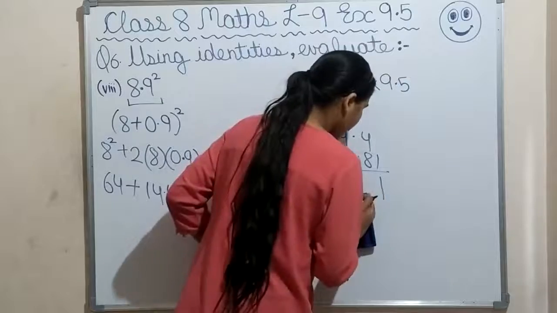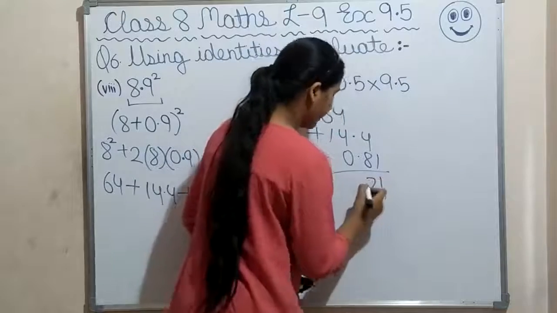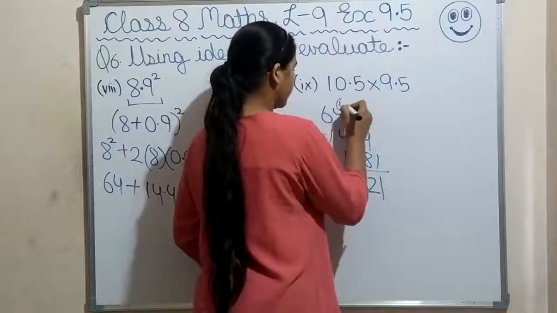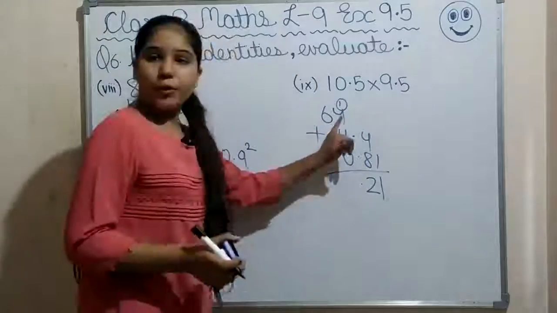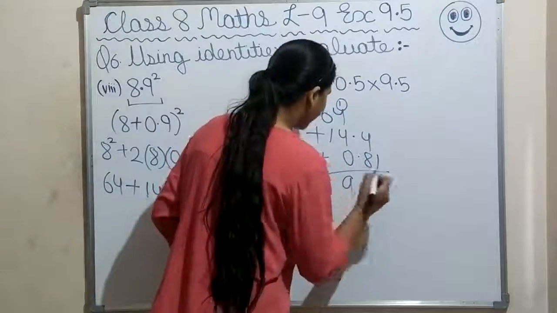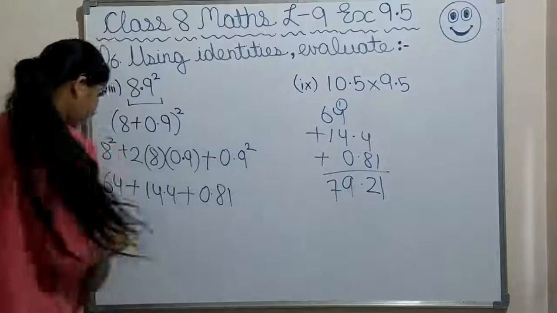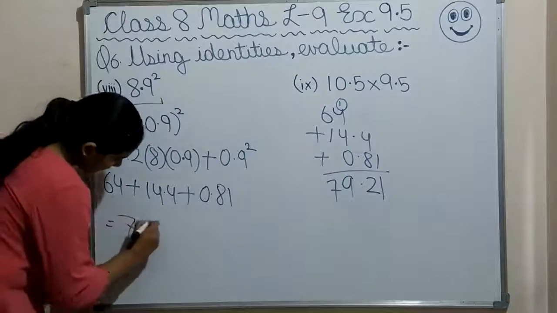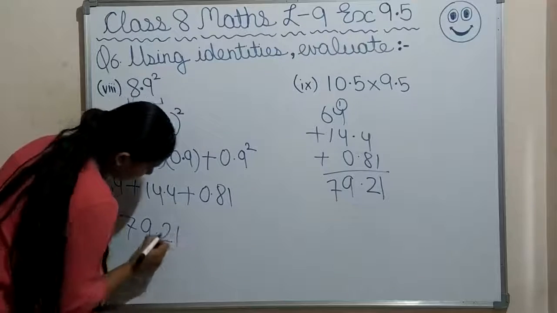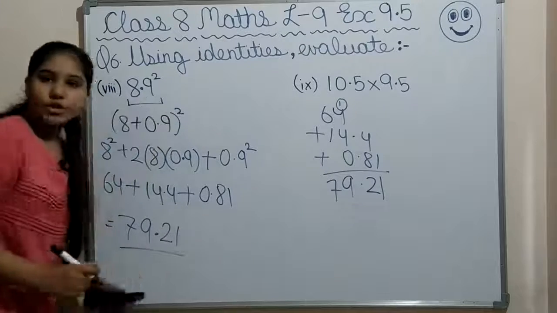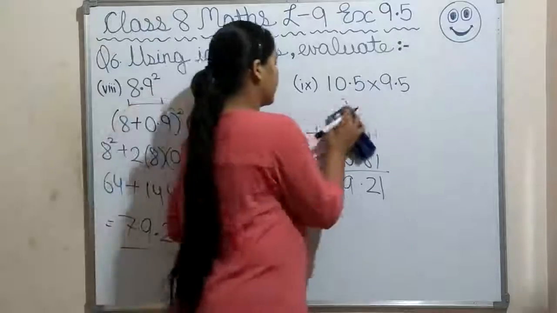Wait, 12, and point here. 4 plus 4 is 8, 8 plus 1 is 9. Then 6 plus 1 is 7, so 79.21. So here we are going to write 79.21. So this is the answer of the 8th one.